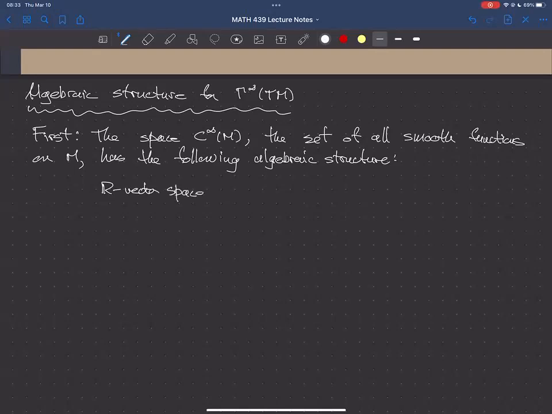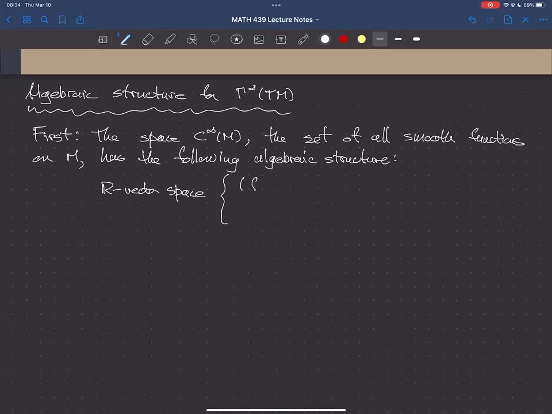I need to tell you what the vector space operations are, and they're the obvious ones. You've seen function spaces before, in some detail in previous courses. Function spaces like C0, L1, L2, LP, things like that. So this is of that ilk, and the vector space structure is put together in the same way as for those kinds of spaces.